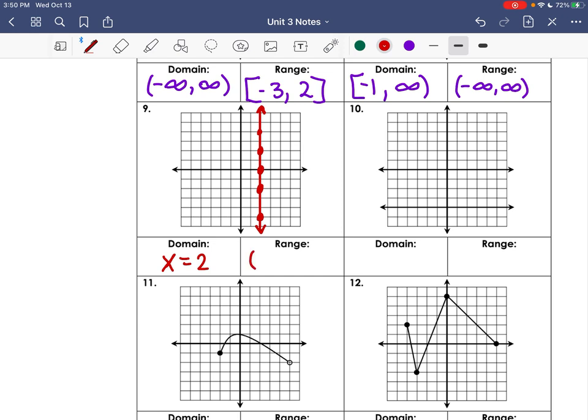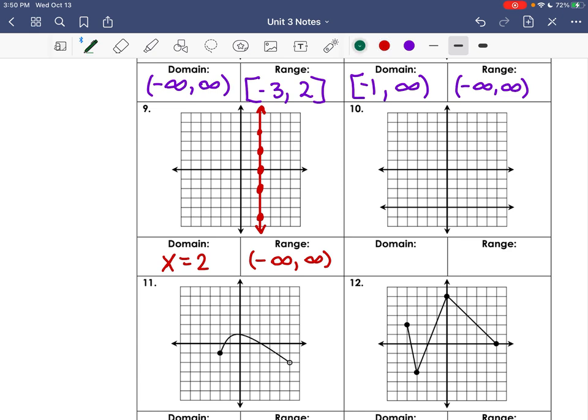However, the range is still negative infinity to positive infinity because the range is going to continue going up and down forever on those 2's. So you would still have this line at 2, -14, or 2, 112. So you're going to keep going up and down. So that's what that range is telling us.